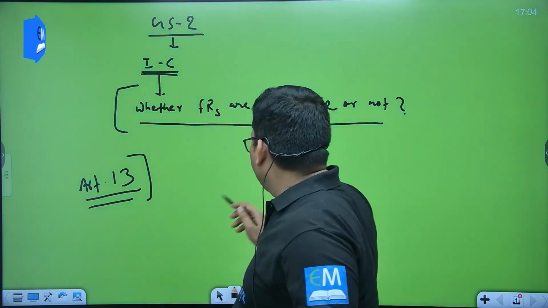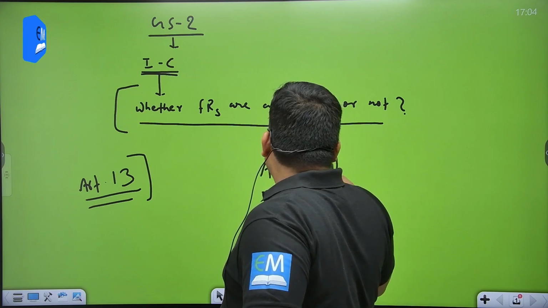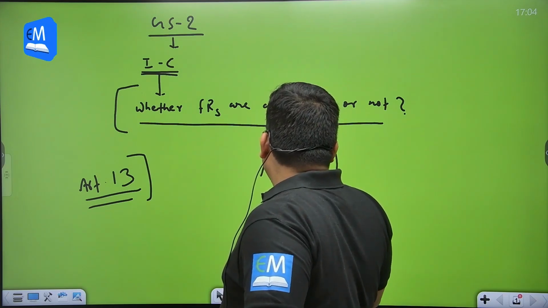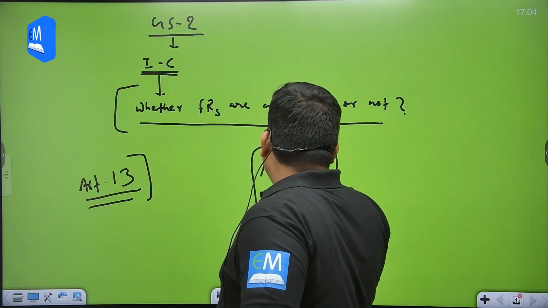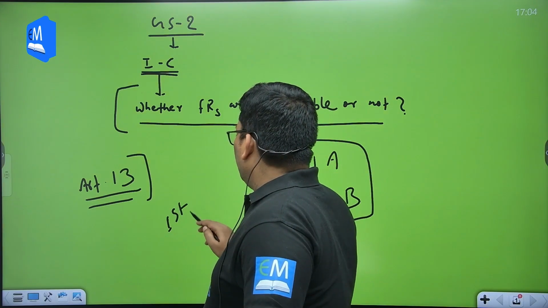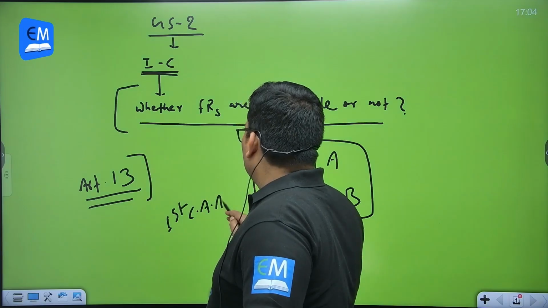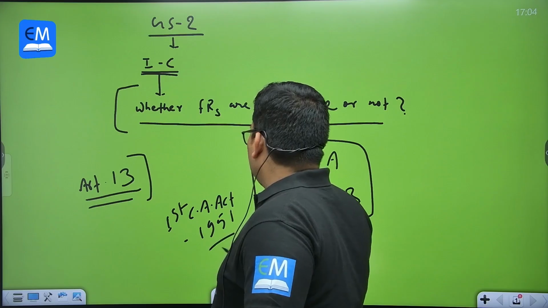So, the incorporation of Article 31A and Article 31B was basically the result of the first Constitutional Amendment Act, which was carried out by the Parliament of India in year 1951.